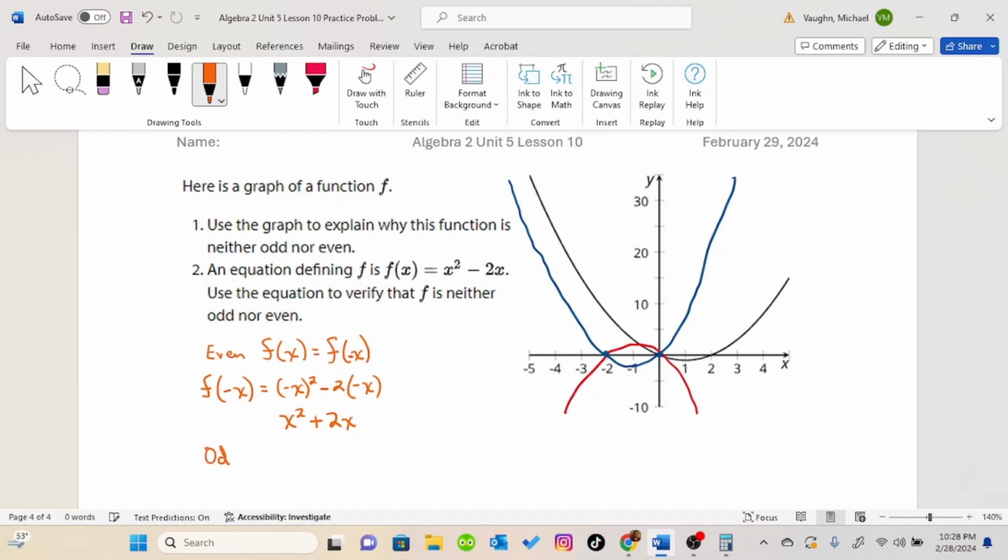If this were odd, then f of negative x would equal negative f of x.